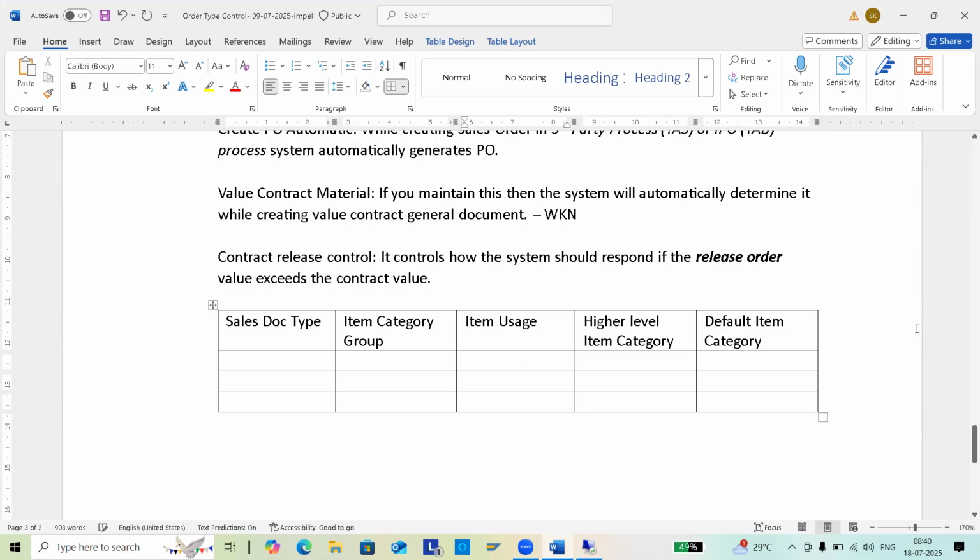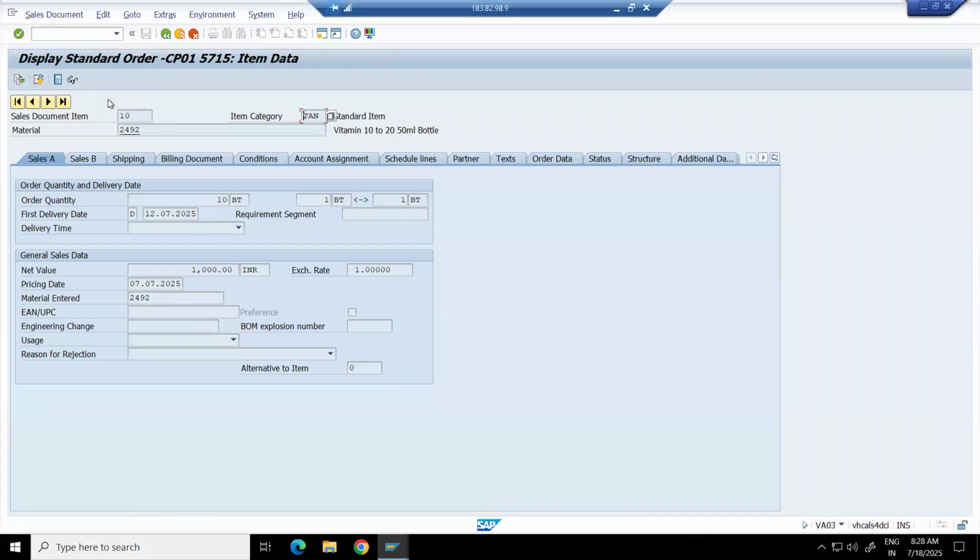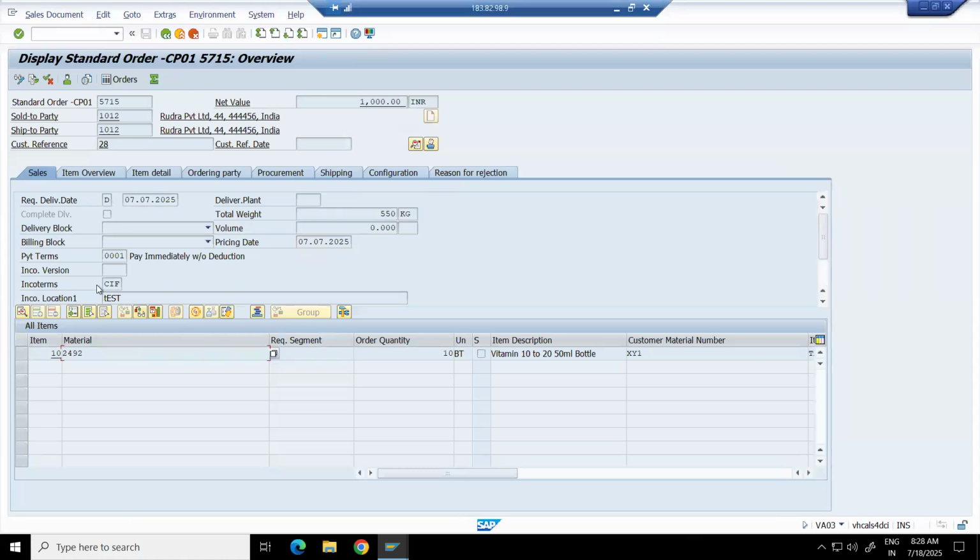Okay, so higher level item category and default item category. So the first one will start. Okay, guys, please be concentrated here. What is the sales document type in this transaction? Guys, please speak up.